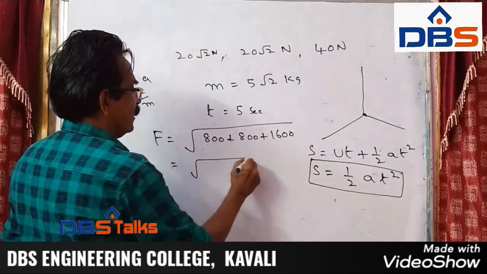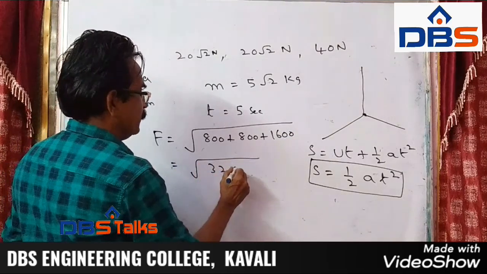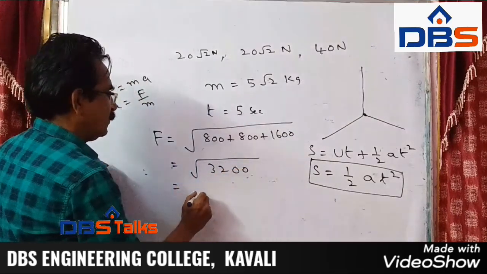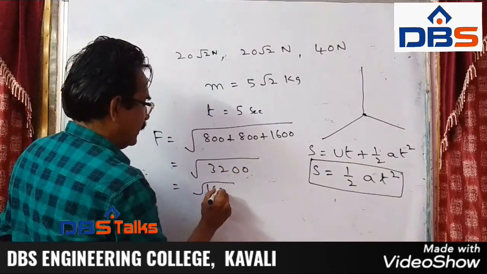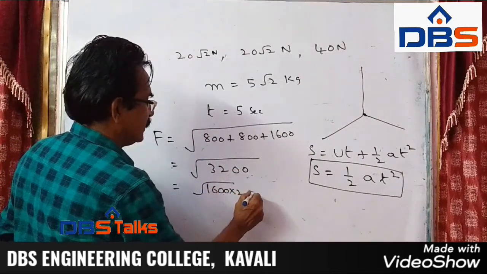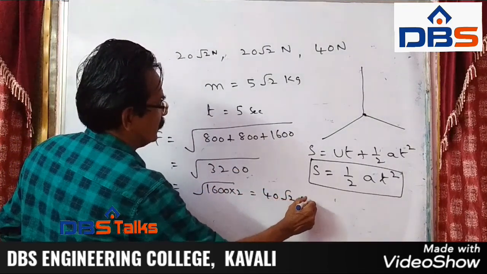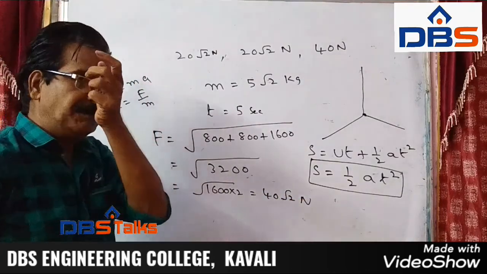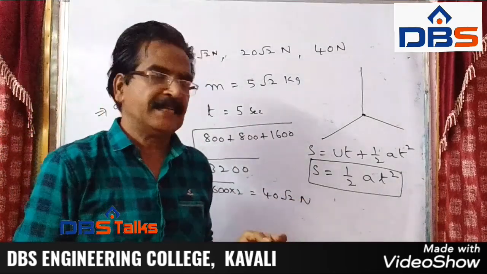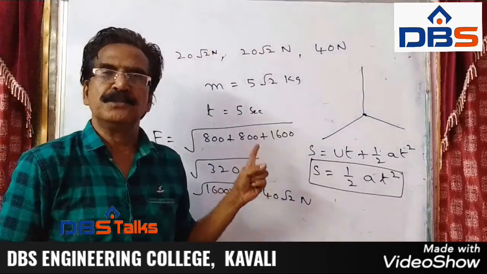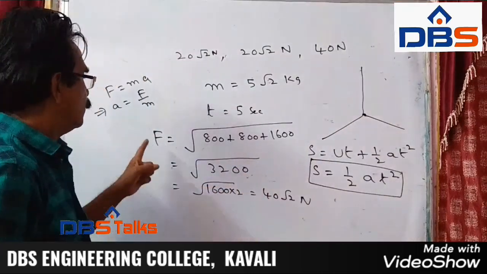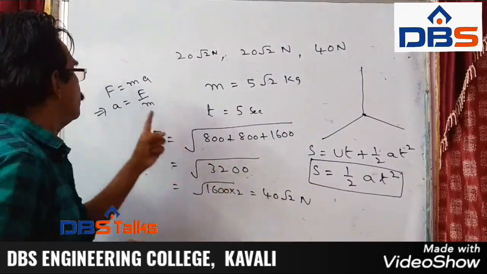That is equal to root of 3200, root of 1600 into 2, which is 40 root 2 newtons. The net force applied is 40 root 2 newtons. So now we know F.